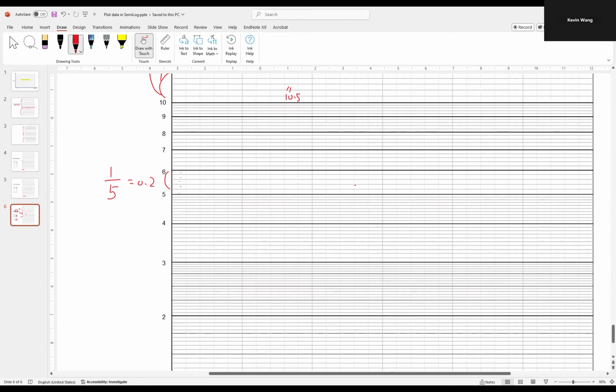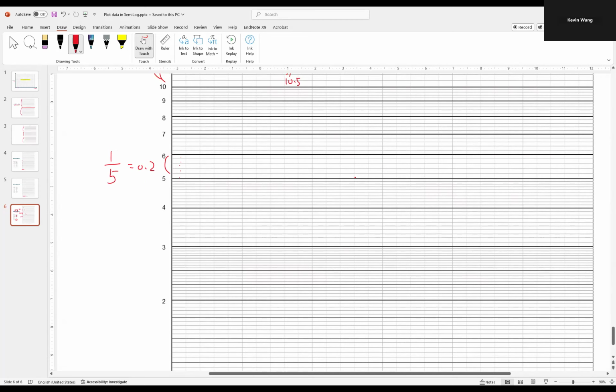So over here, 8 hours, so here is 5, 5.2, 5.4, right? The top one will be 5.6, right? So 5.5, of course, is right in the middle, right? Okay, 5.5.